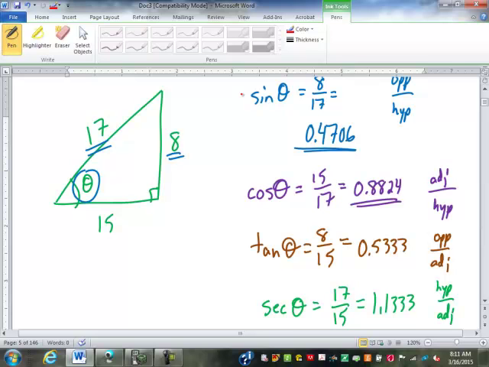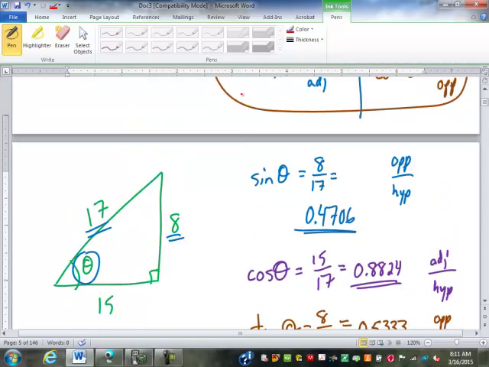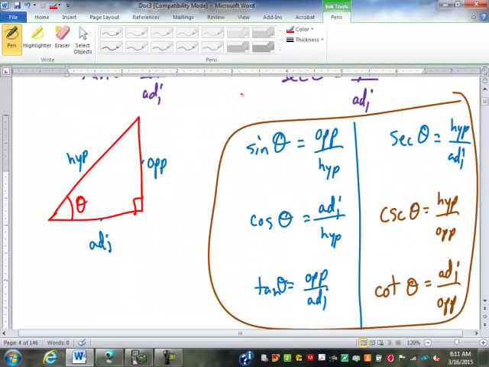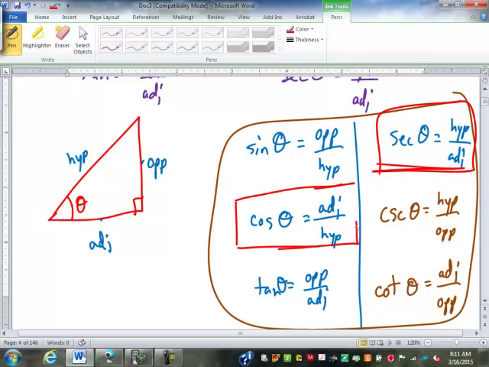Now, one thing I want to point out, back up here. Let's look at the secant and its definition. Hypotenuse divided by adjacent. Do we see any other trig function that's similar to that? Well, the cosine is the adjacent divided by the hypotenuse. They're reciprocals of each other, just flipped over.